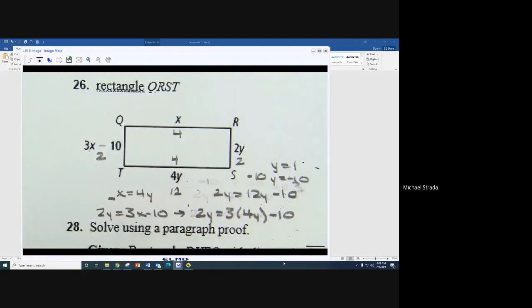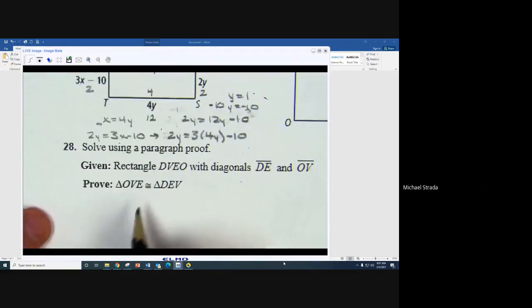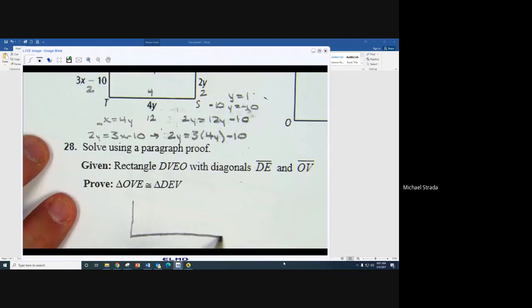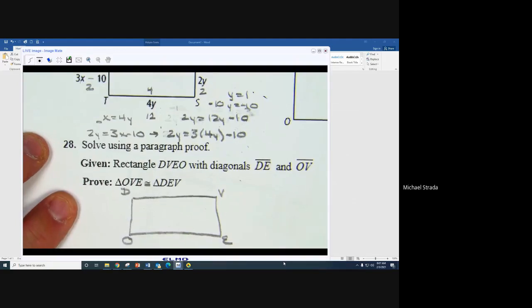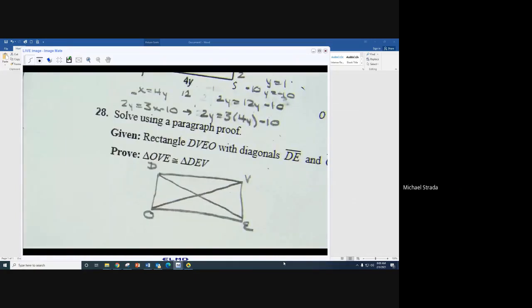All right. And then 28, rectangle DVEO with diagonals DE and OV. So basically with the rectangle, like we talked about on Monday, we would use those sides are congruent, properties of parallelogram.